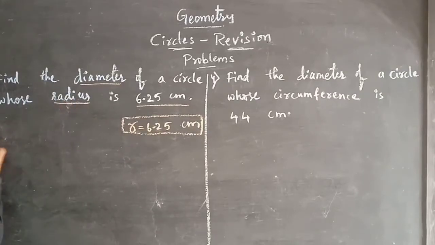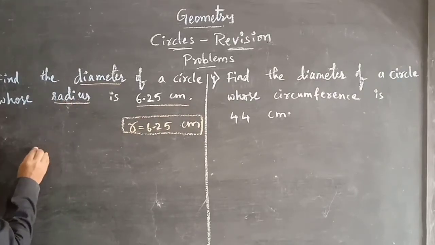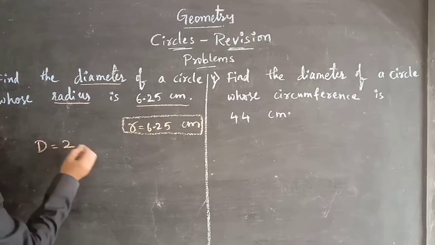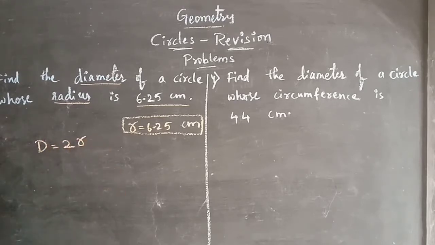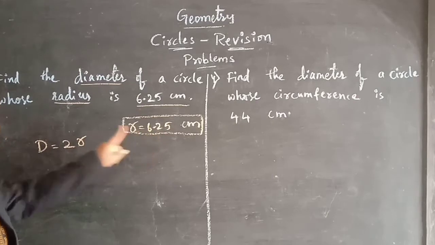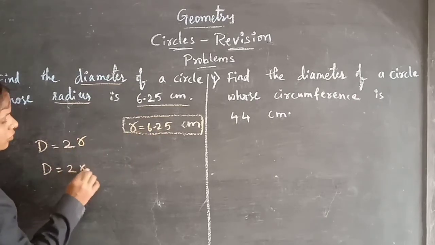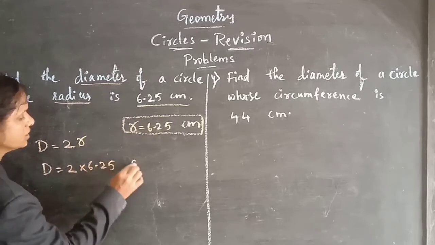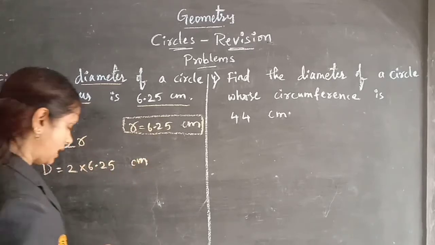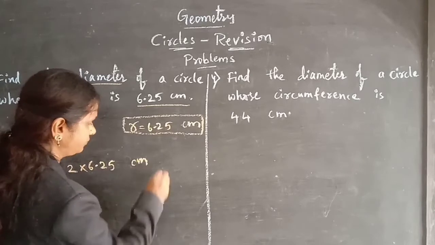Already I told you in the previous problem: diameter is equal to 2 radius. So I can substitute the given radius value in the formula. Diameter is equal to 2 into 6.25 centimeters. Come on, let's calculate in rough column.